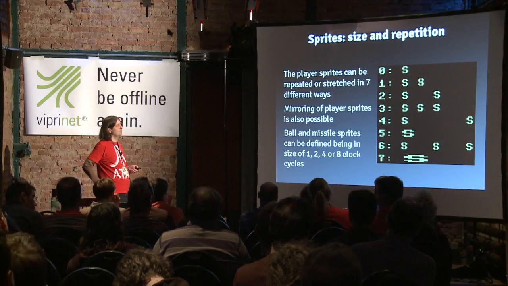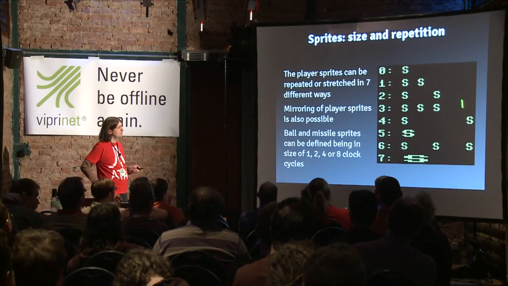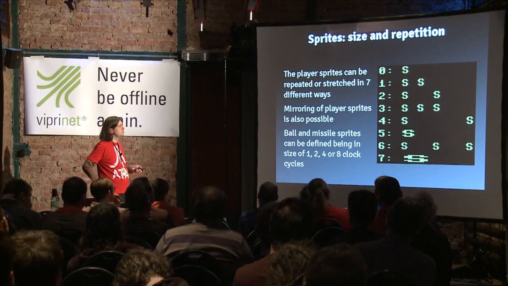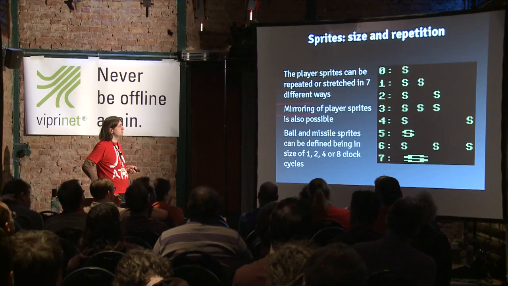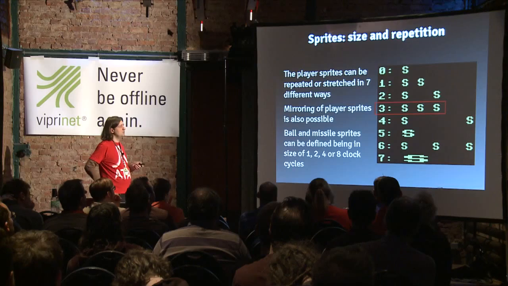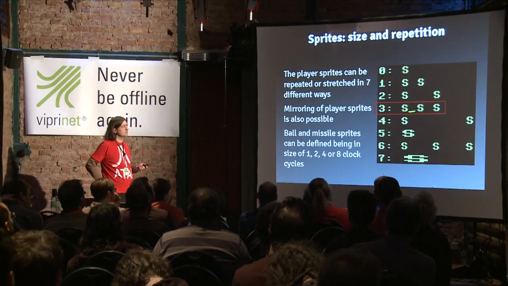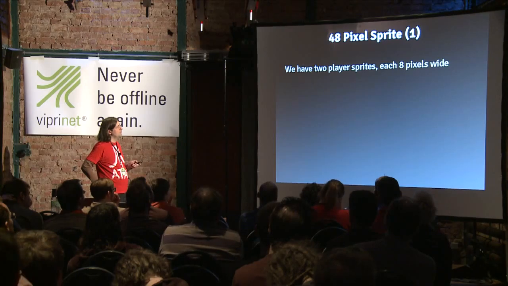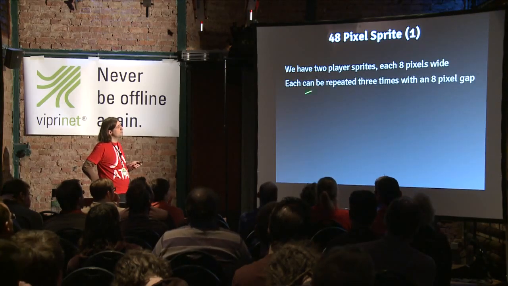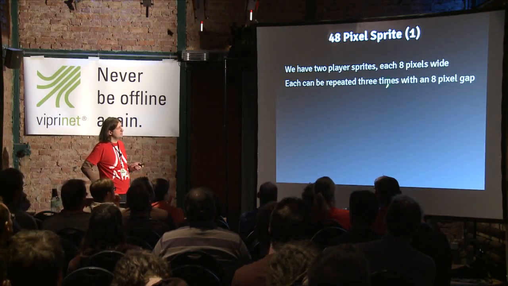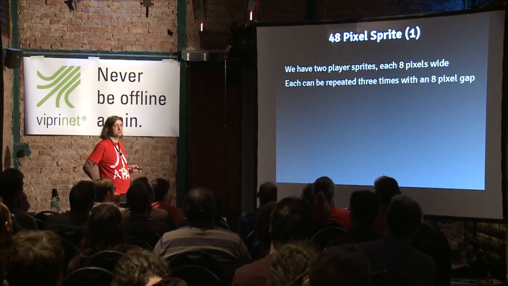There's one thing in this whole combination of things to do with the sprites that is really interesting. This is this one. Because we've got 3 sprites, each can be 8 pixels wide and can be repeated 3 times with an 8-pixel gap. So we have a gap that is exactly the same size as the sprite.